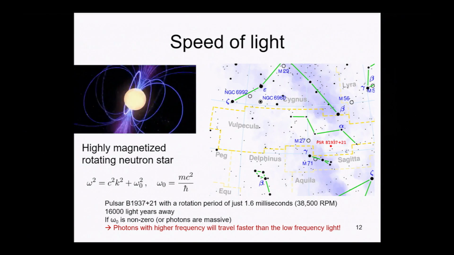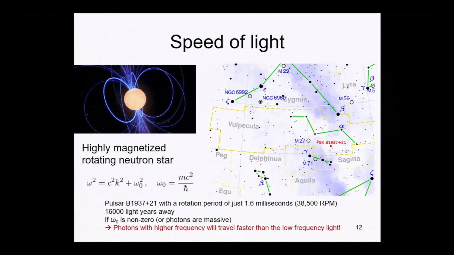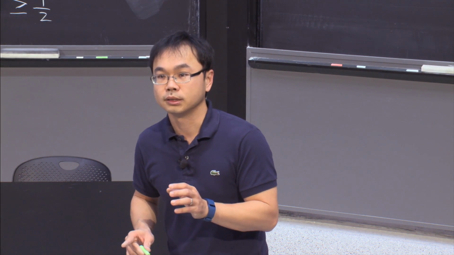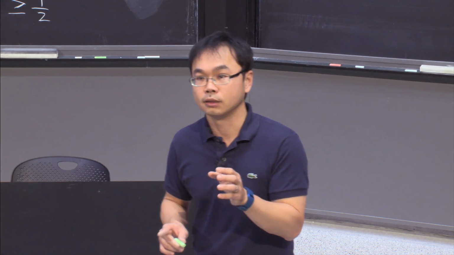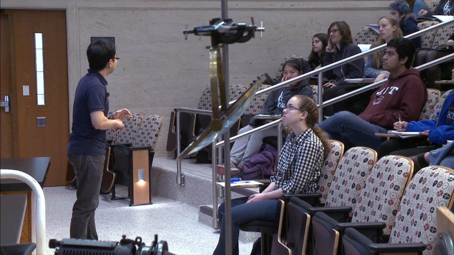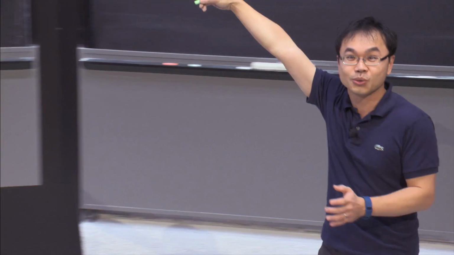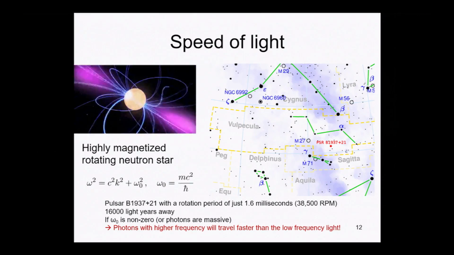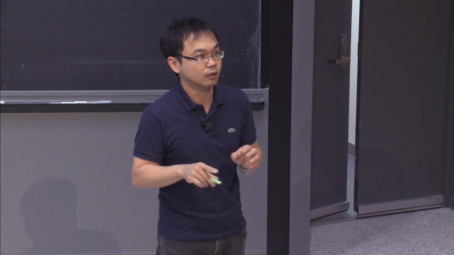And how does that associate with the original question we posed? The original question is, does light with different frequencies travel at different speeds? And this is a very nice tool, because it's emitting radio waves, and I can just measure the spectra as a function of time.